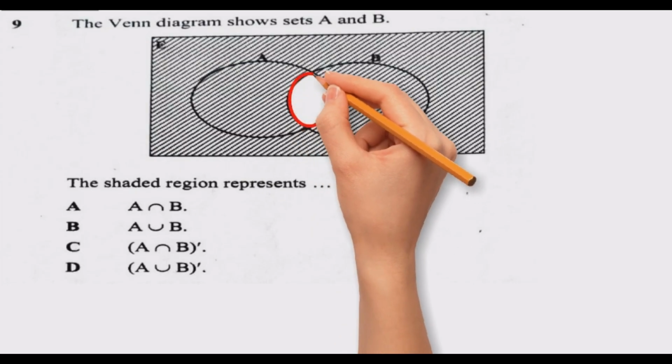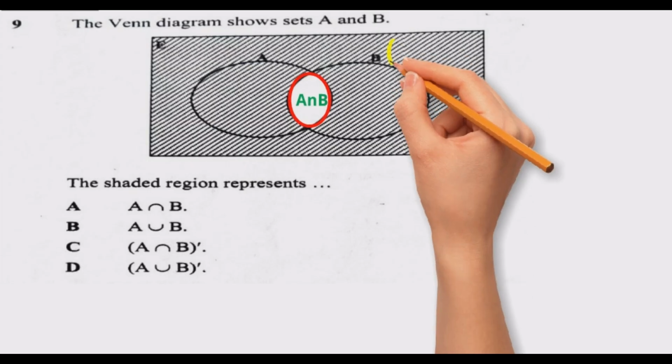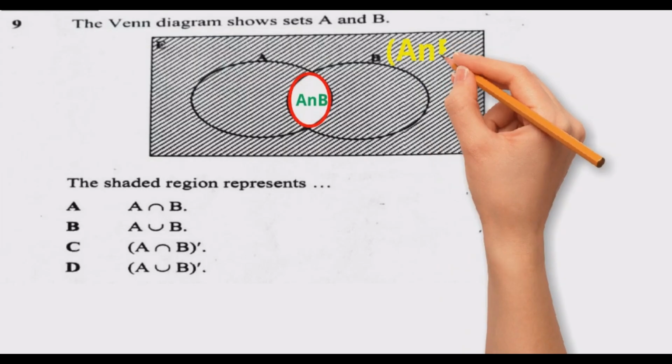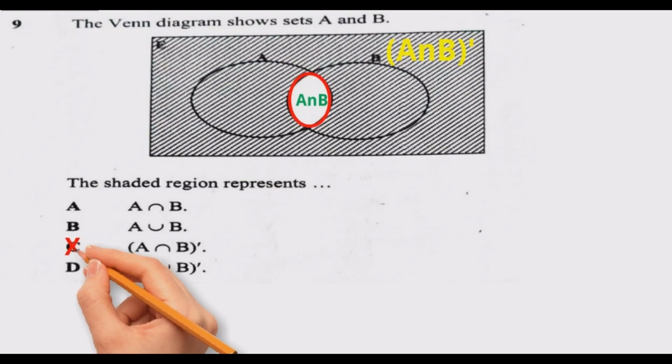The unshaded area is A intersection B. Therefore, the shaded region is A intersection B complement, which is C.